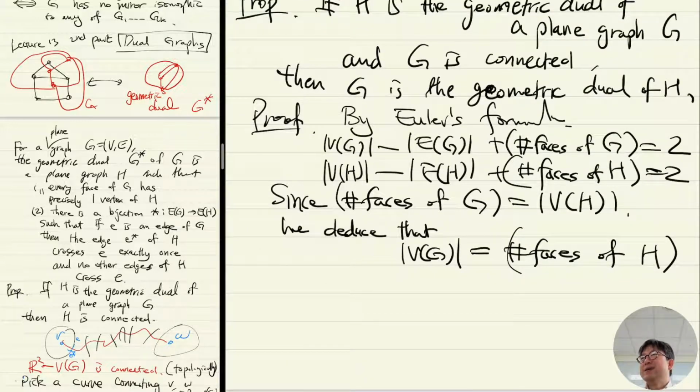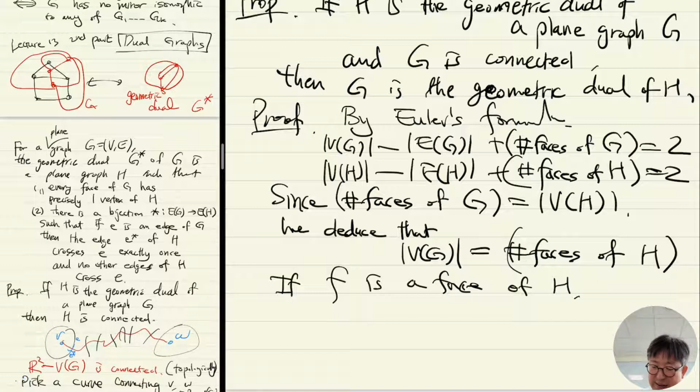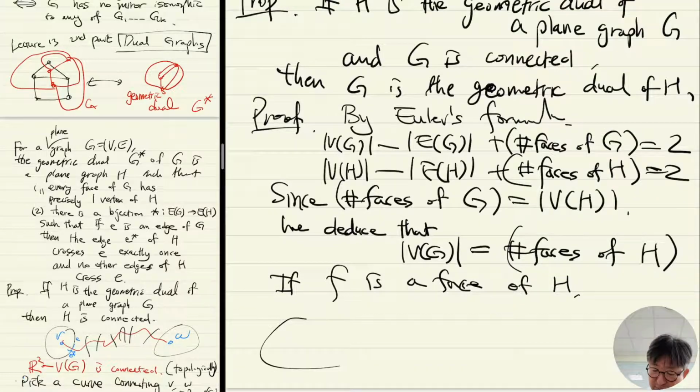Alright? So potentially now, the number of faces of H is equal to the number of vertices of G, and we need to prove the first property of the definition. So let F be a face of H. Does it contain a vertex of G?